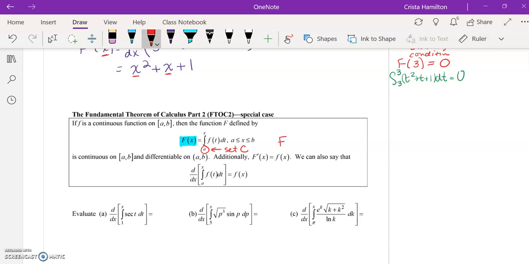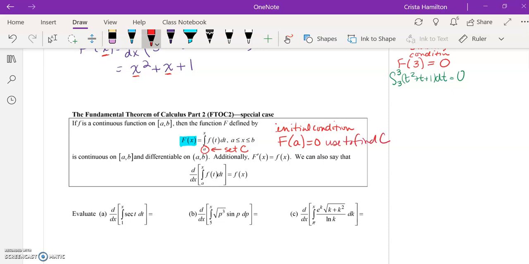We basically know that f of a is going to equal 0 as your initial condition. Then you would plug that point in and use it to find c.